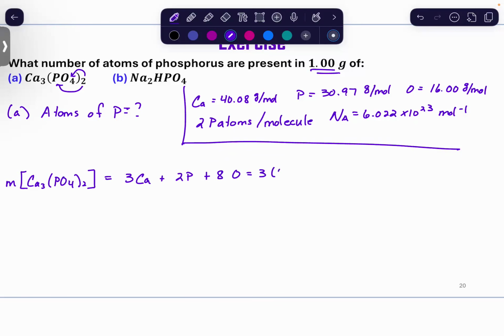That's 3 times 40.08 plus 2 times 30.97 plus 8 times 16. And again, you get the 310 grams per mole.